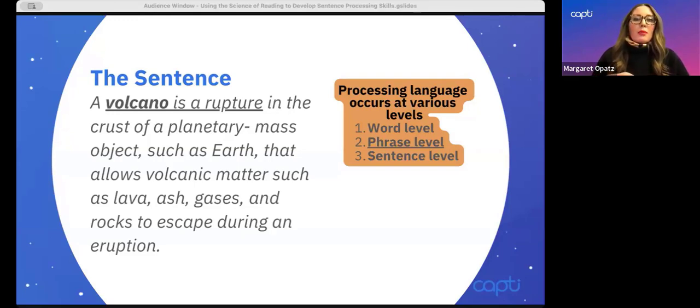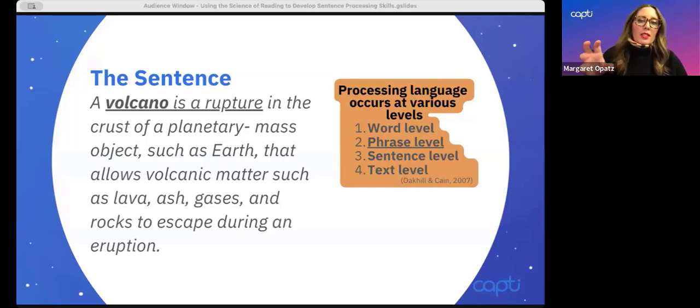So we're going to be able to do that processing at these various levels, and that's how our brain works. We process first at that word level, then we're going to move to that phrase level, sentence level, and then if I were to share a complete text with you, then that would be the text level. That next piece is constructing that mental model that occurs through integrating all of this information across the entire text.